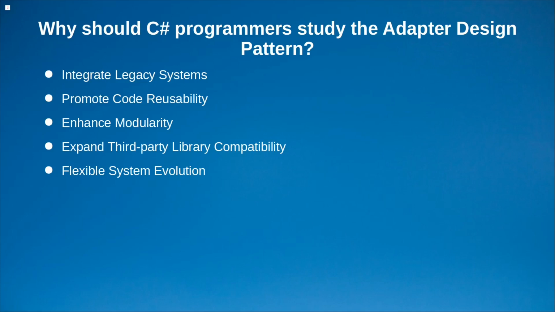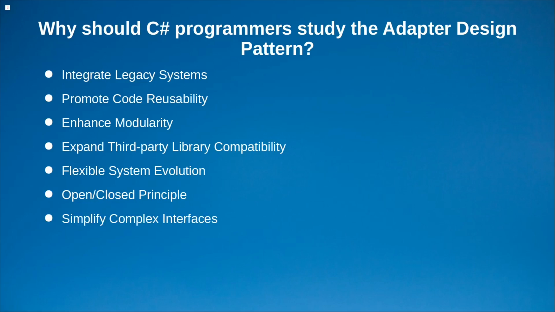The adapter pattern allows developers to smoothly transition or incorporate new functionalities without disturbing existing workflows. Open-closed principle. The adapter pattern aligns well with the open-closed principle, one of the SOLID principles, which states that software entities should be open for extension but closed for modification. Using adapters, new behavior can be introduced without altering existing code.